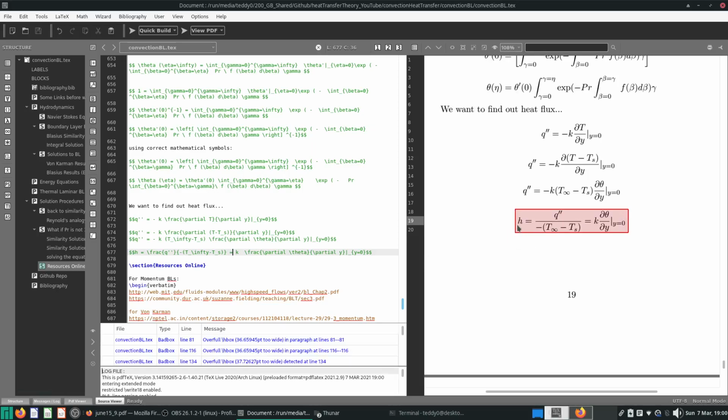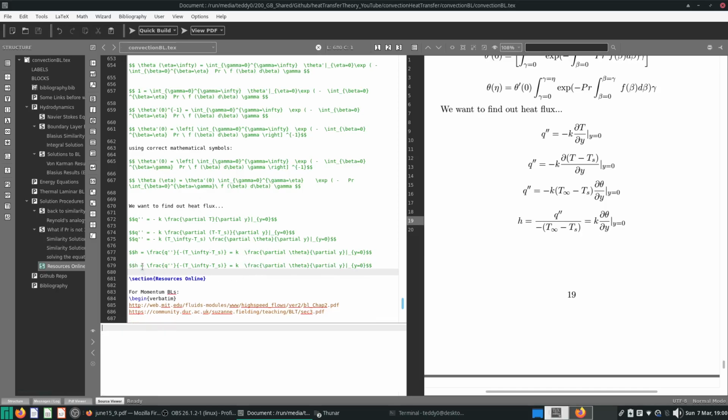So this is the heat transfer coefficient. We have h equals k del theta del y at y equals 0. So h over k will be this.